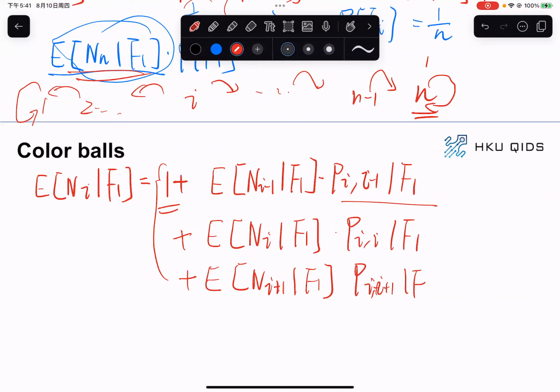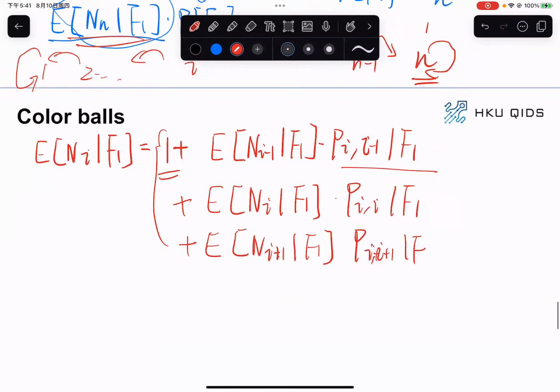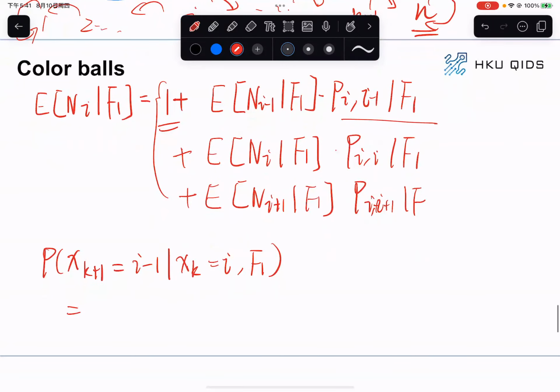So for this probability, it could be rewritten as what? As the probability that x_{k+1} is going to be i minus 1, while the state at step k is i, and conditional on F1, right? And now we can use Bayes' rule.